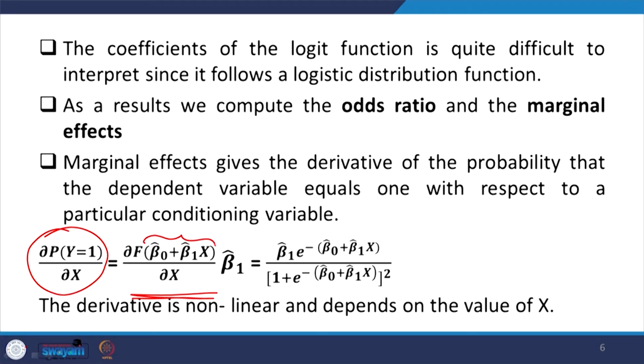Since x is here and the others are constant, the derivative leaves beta 1 hat, which will simply be multiplied.